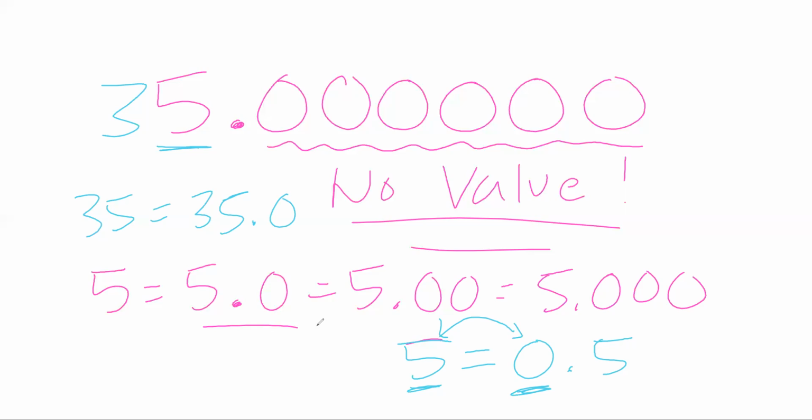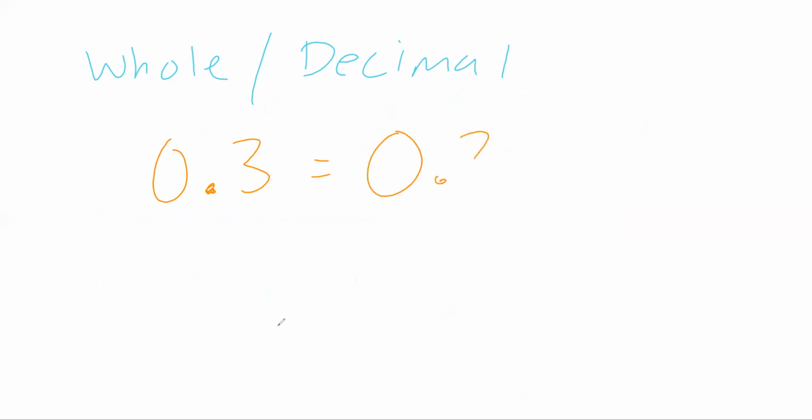So really it's just a trick. If I have a whole number or even a decimal, I can think about the trailing zeros. Let's say I have 3/10. Nothing changes in that place value.